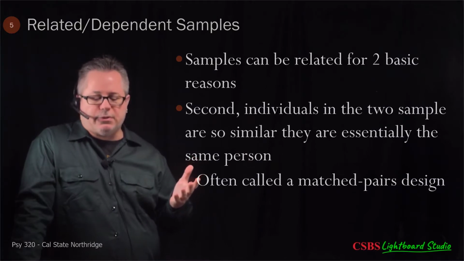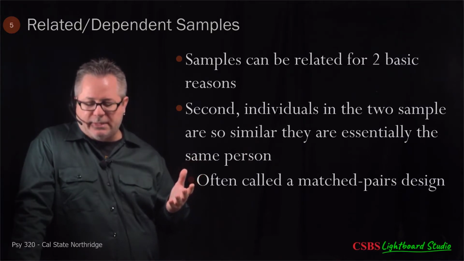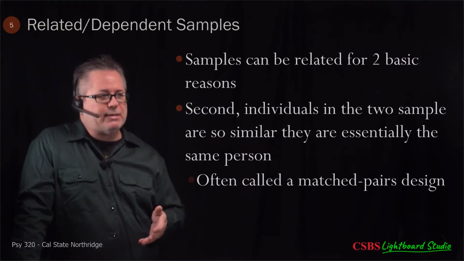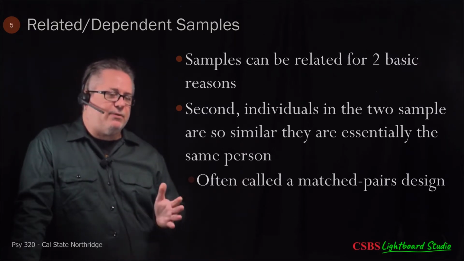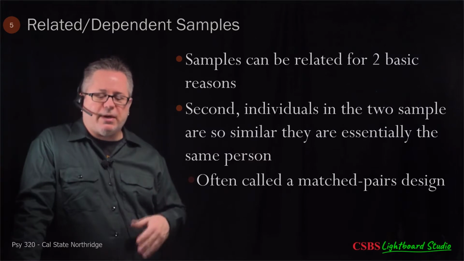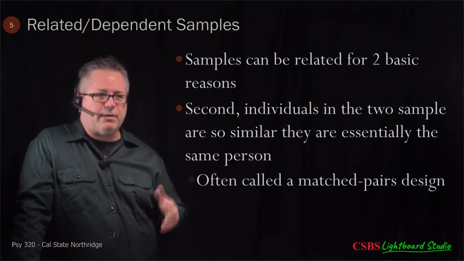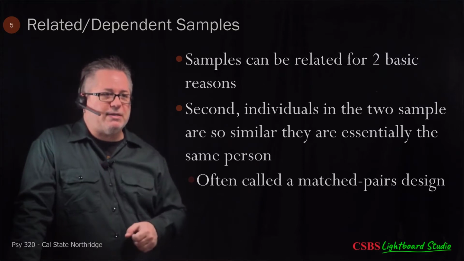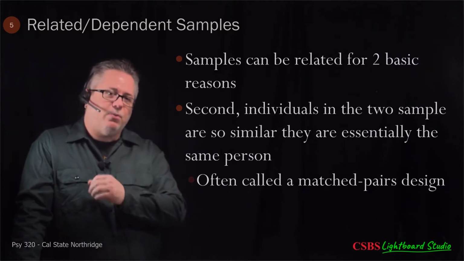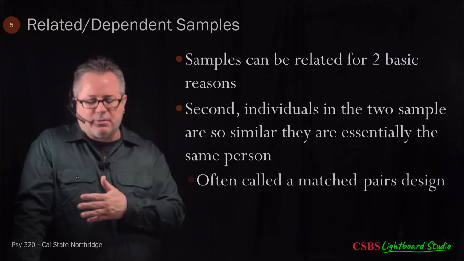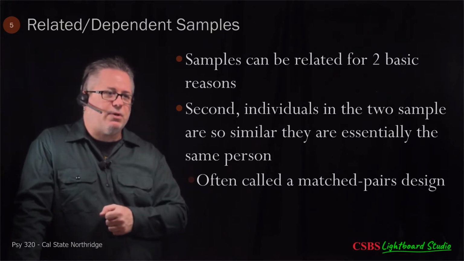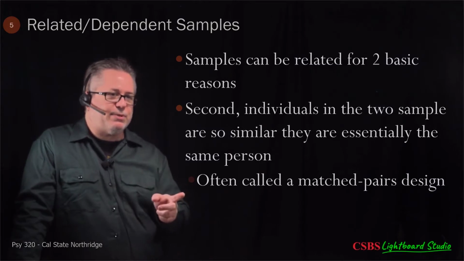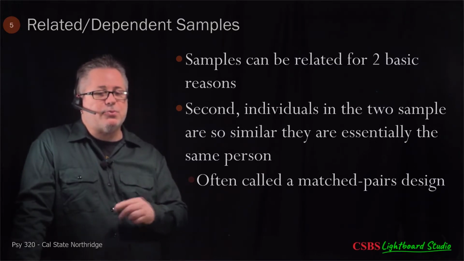Let's say, given the current pandemic, someone's trying to test a treatment for COVID-19. This is a far-fetched scenario, but let's say you found 20 sets of twins, all infected with COVID-19. Well, you can give one twin an active treatment, a drug to treat the disease, and the other twin gets a placebo, and you see if there's a difference between their responses.